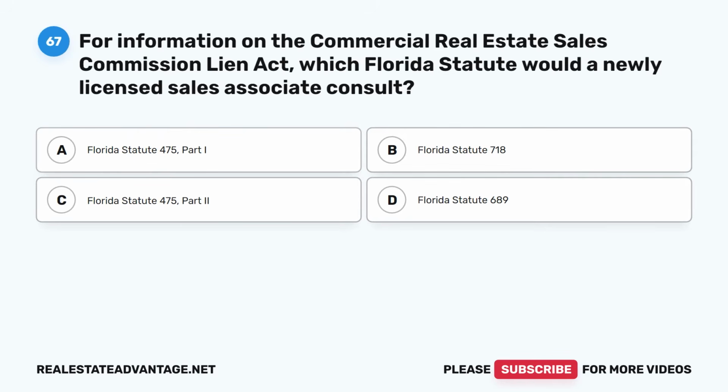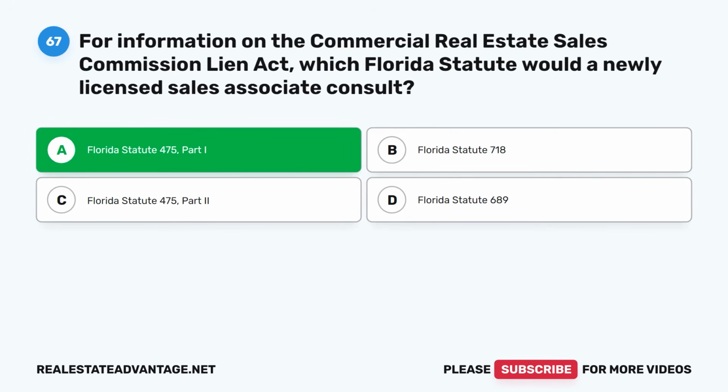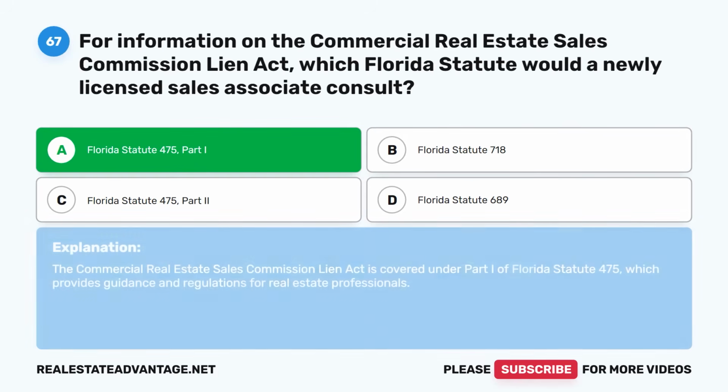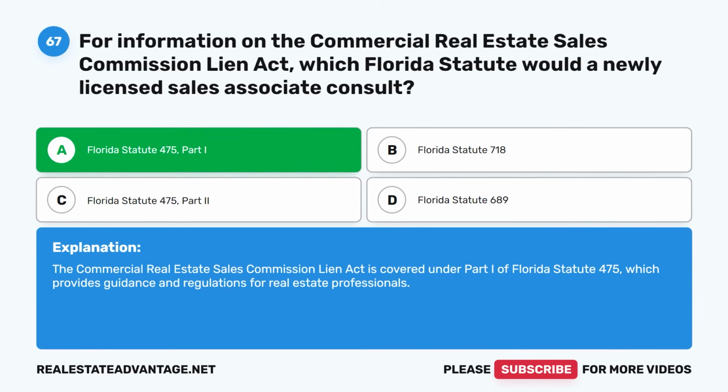D. Florida Statute 689. The correct answer is A. Florida Statute 475, Part 1. The Commercial Real Estate Sales Commission Line Act is covered under Part 1 of Florida Statute 475, which provides guidance and regulations for real estate professionals.